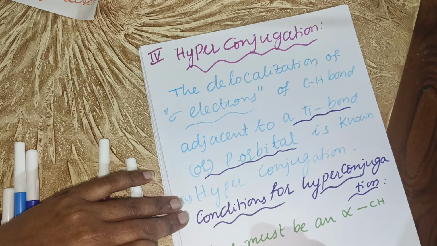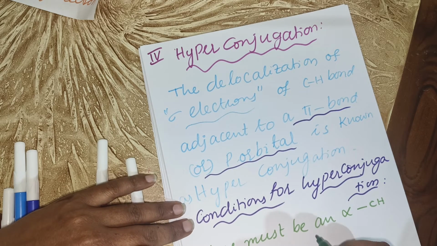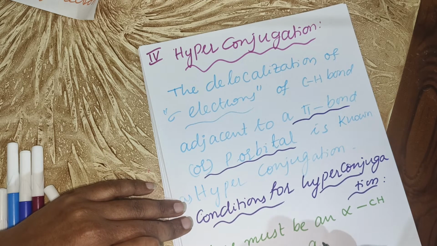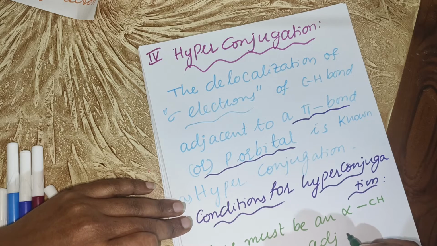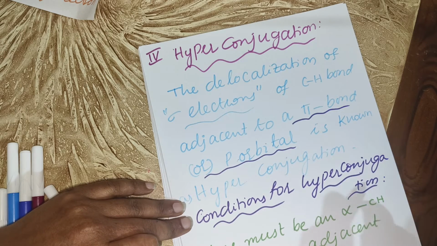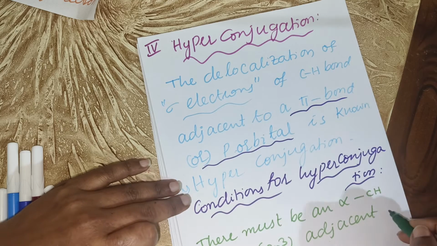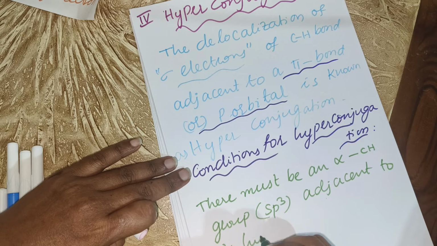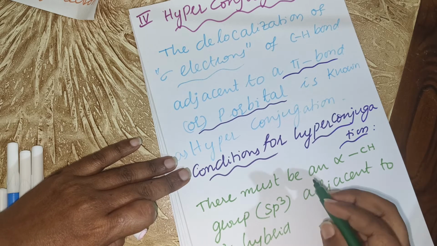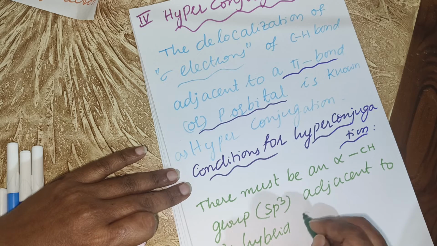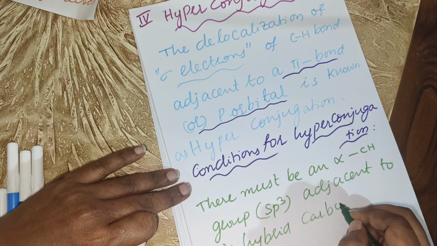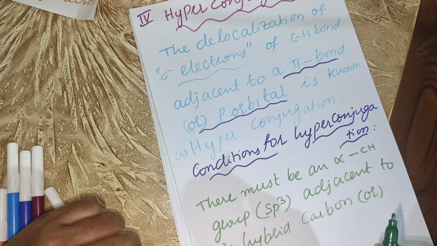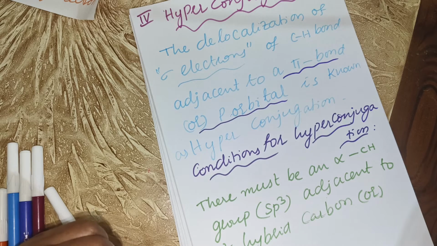That CH group, which group? An sp3 group, we can say here, adjacent to an sp2 hybrid carbon, or other atoms like nitrogen or oxygen, etc.